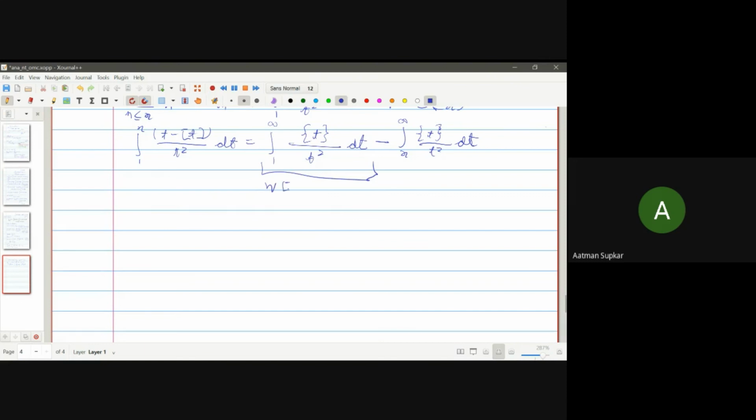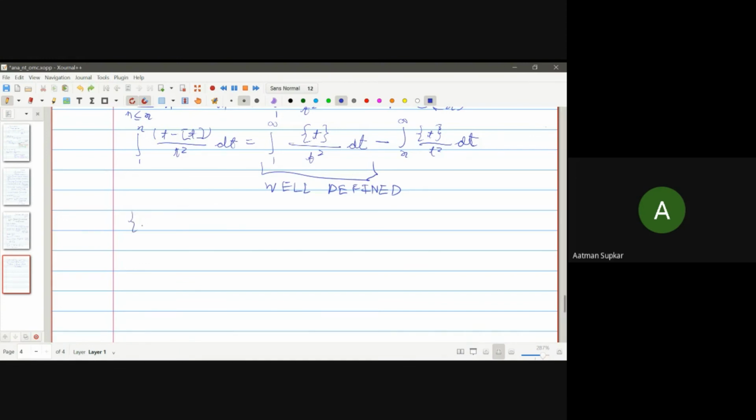Well defined. All that remains is to bound this term. That is, as it turns out, simple.